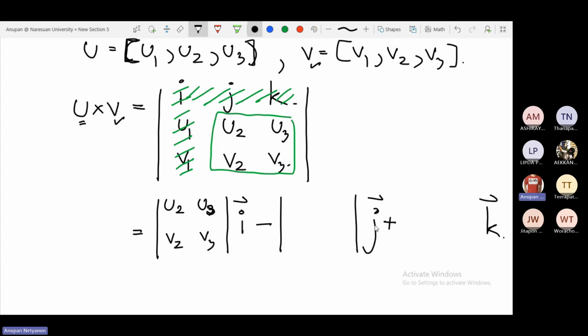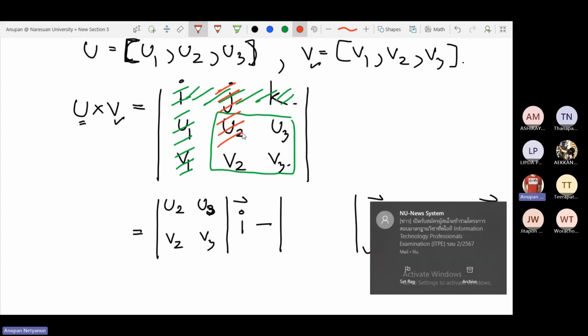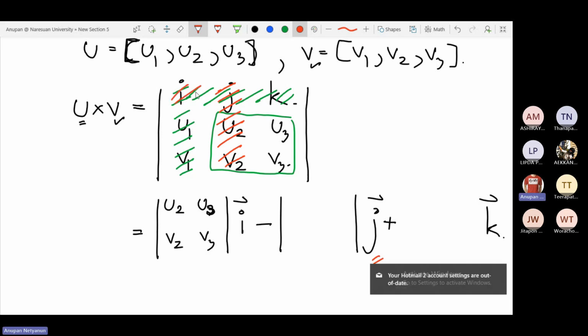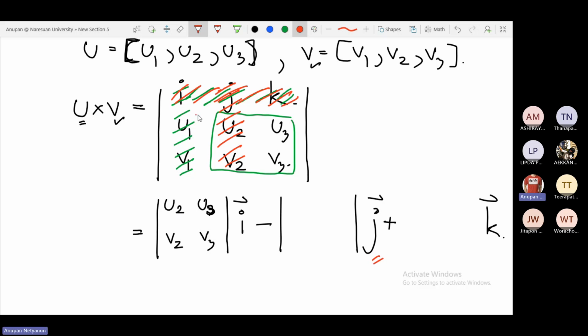If you want to find the coefficients of J, close down the column that has J, and then close down the row that has J. What you have left is going to be this, right? So write it down, which is U1, V1, and then U3, V3, and then you find the determinant of it.